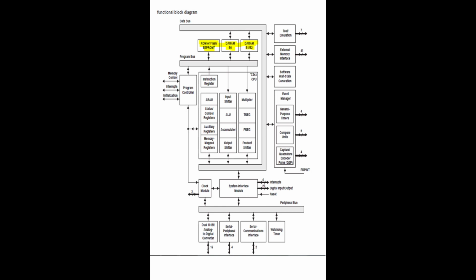Now we will move on to the instruction register. The instruction register is where you can see the address of the next instruction to be executed. If there are two lines, while the first line is executing, the next line is coming for execution. When the first line is executing, the second line's program address is available in the instruction register.